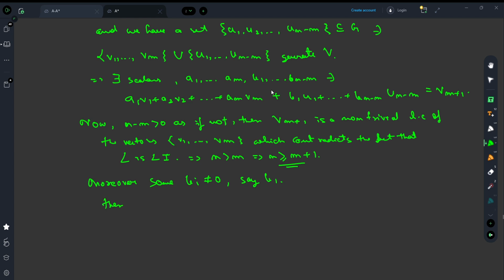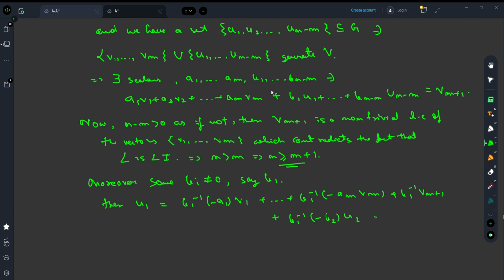But if b1 is non-zero, then I can write u1 as a linear combination of all the other vectors present in this equation, right? Then u1 can be written as b1 inverse of minus a1 times v1, and so on till b1 inverse of minus am vm, plus b1 inverse of v_{m+1}, and then we do the same for the vectors u2 till u_{n-m}, because u1 is already there.